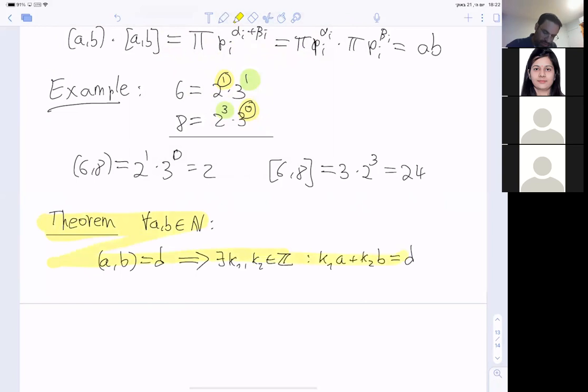This is by Euclid, so you see, it's very classical, going back 2,500 years.